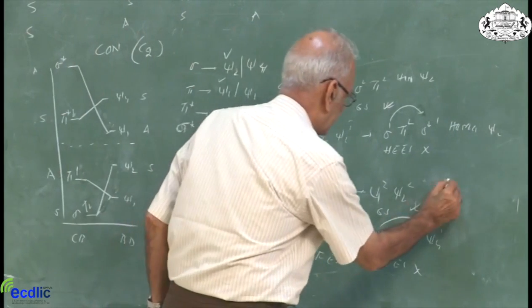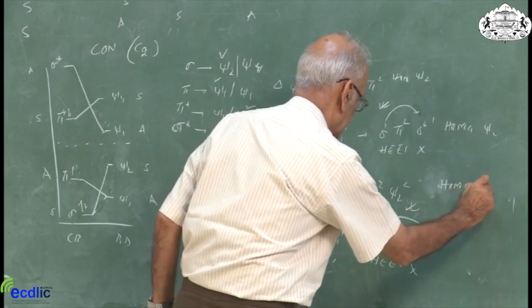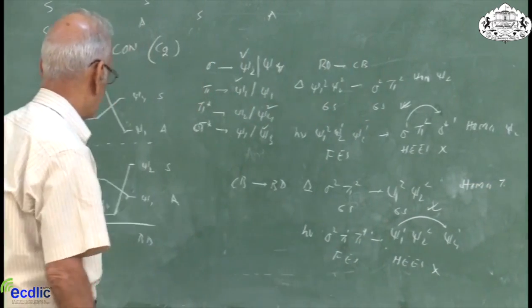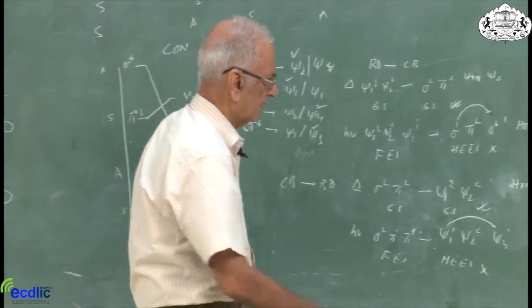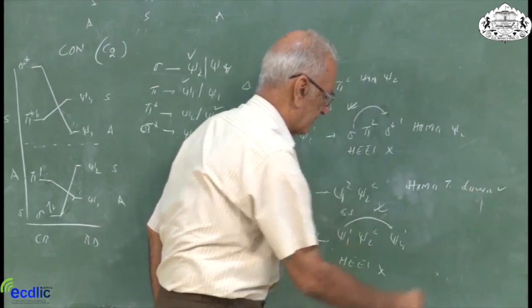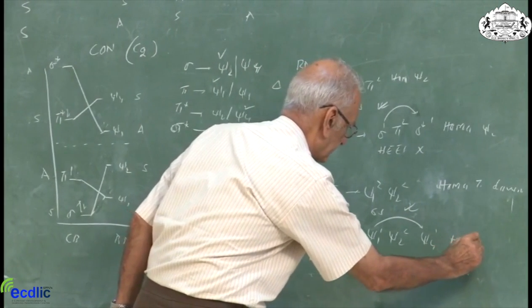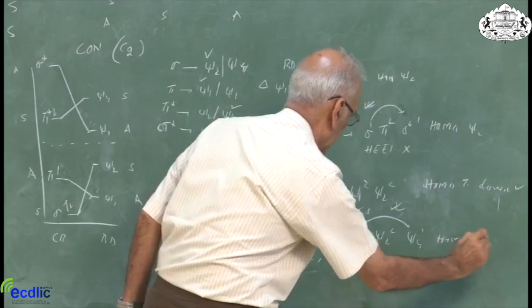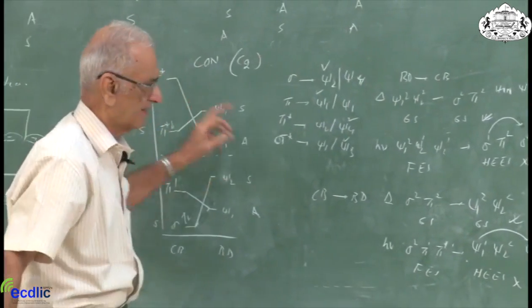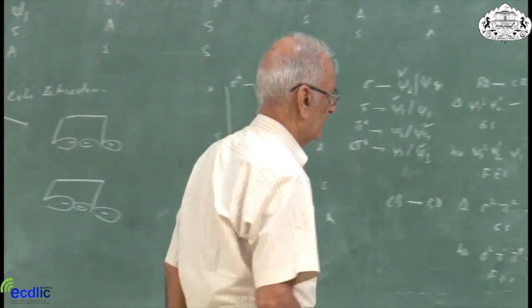What is the ground state? HOMO for the thermal reaction is pi. Pi is going down, therefore, reaction is allowed. In the photochemical reaction, HOMO is going to be pi star and pi star is going up, therefore, disallowed.